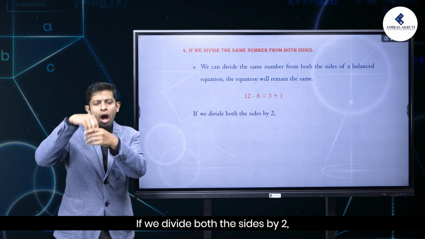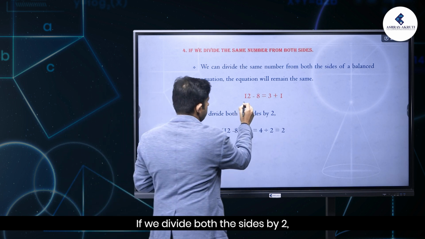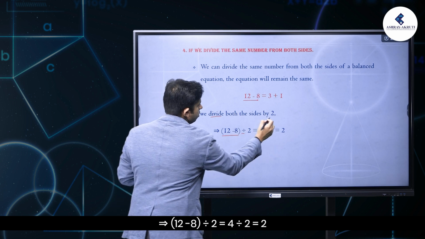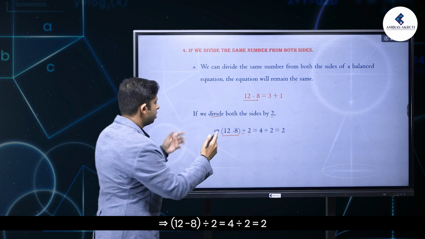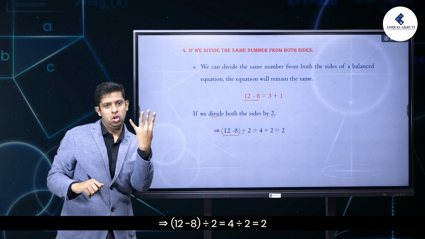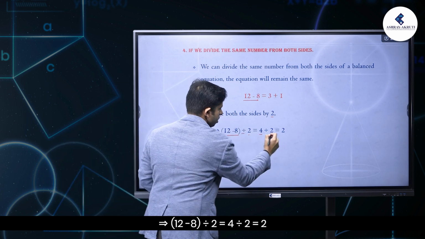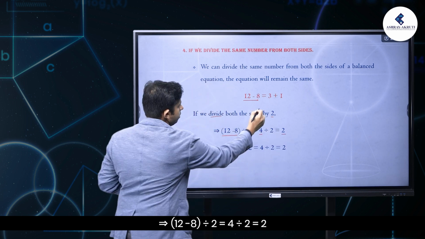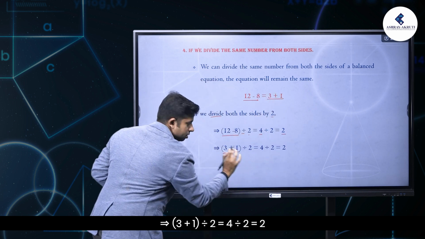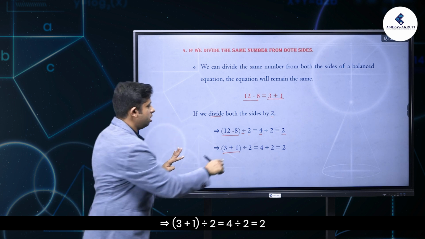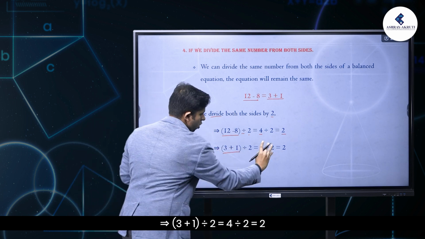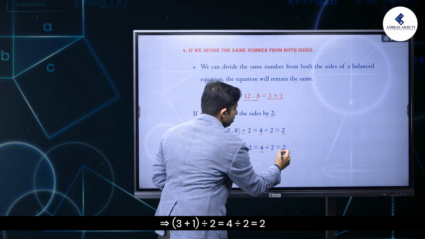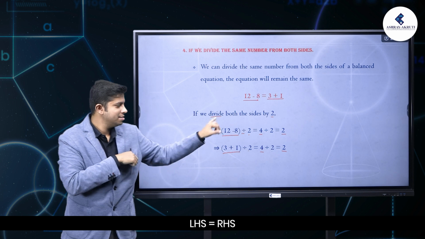If we divide both the sides by 2, (12 minus 8) divided by 2 equals 4 divided by 2 equals 2, and (3 plus 1) divided by 2 equals 4 divided by 2 equals 2. LHS equals RHS.